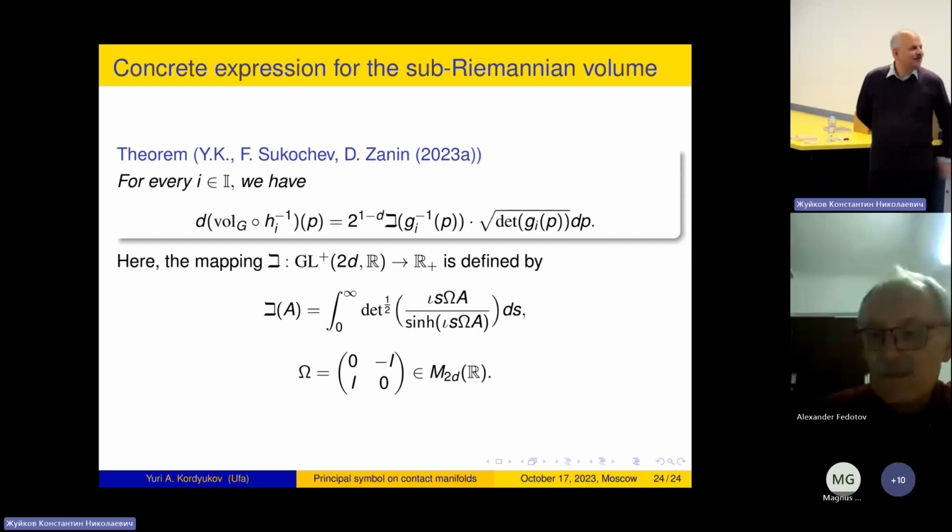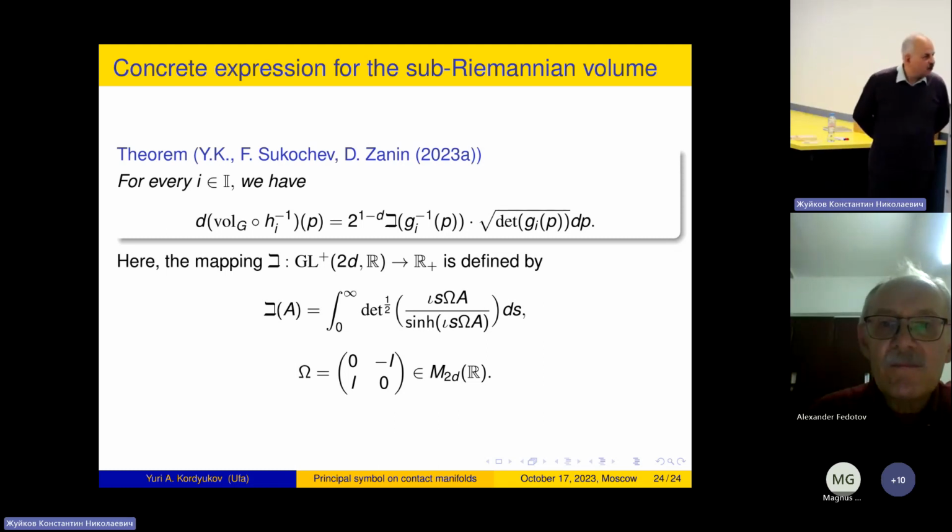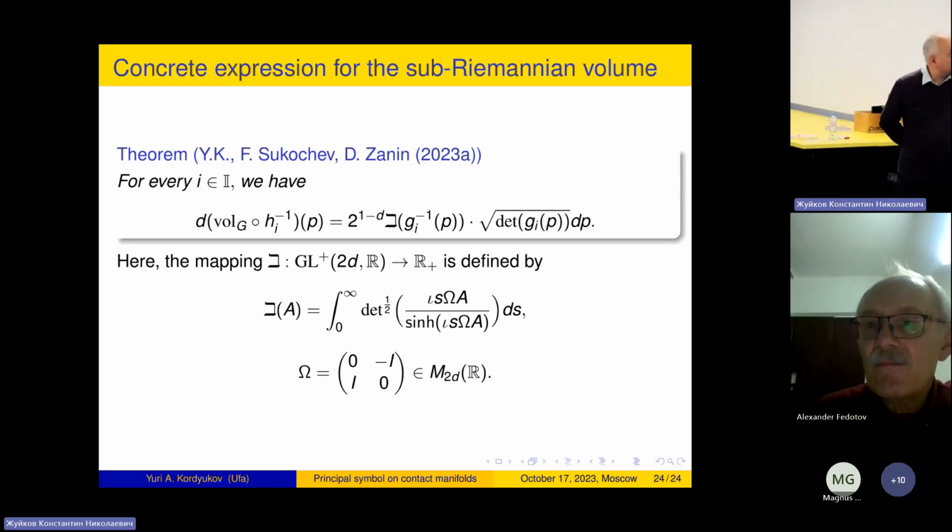So yes. Is it a single paper or a series of papers? These are two papers. The first I already mentioned, but the one about contact manifolds is in preparation. So A is not the first one, the second. A is just here as a reminder, yes.